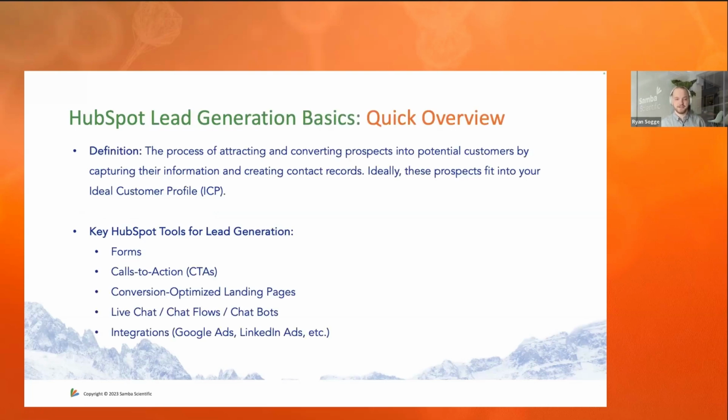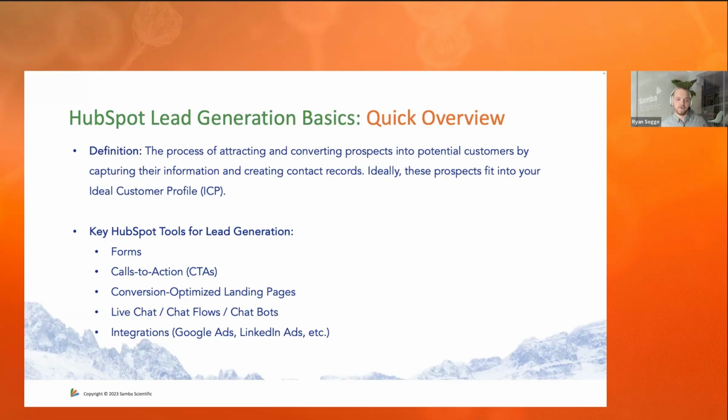So first, just to cover our bases here, let's go over some high-level lead gen basics. Lead generation really boils down to attracting and converting prospects. And ideally, these prospects fit into your ideal customer profile, but this is not always the case. So using these strategies to attribute, segment, and nurture them will help you optimize this process.